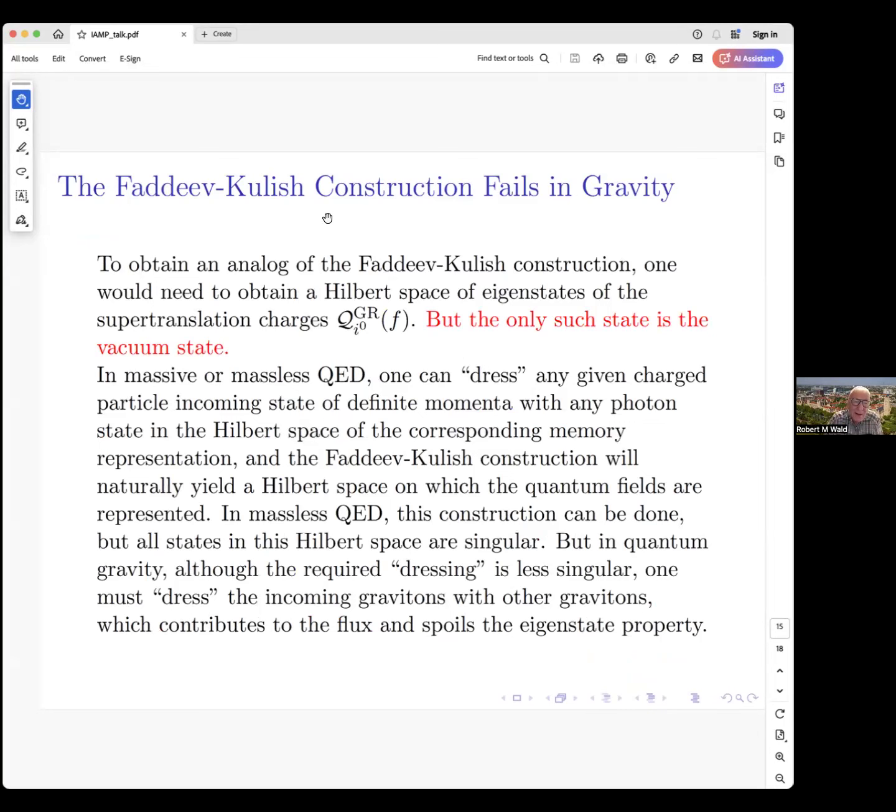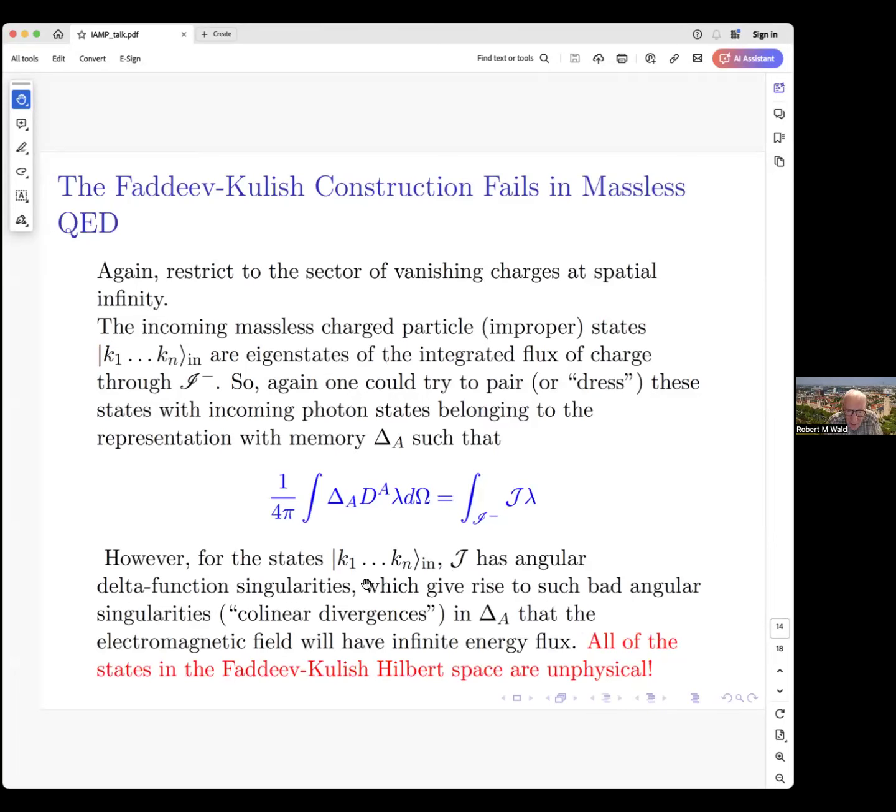Well, there's, in some sense, maybe an even worse problem than in electromagnetism, although it's a different problem. Going back to the electromagnetic case, if you look at the analogous situation in linearized gravity, you have an extra derivative, and that makes the singularities in the memory, the angular singularities, milder. So the states are not completely unacceptable.